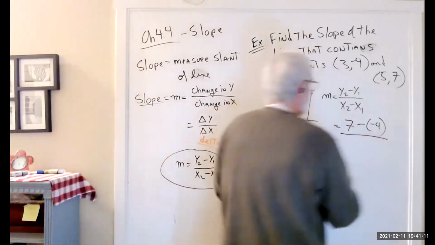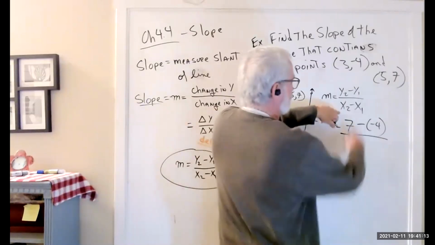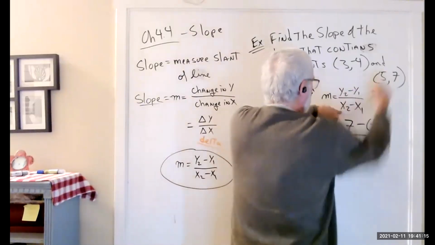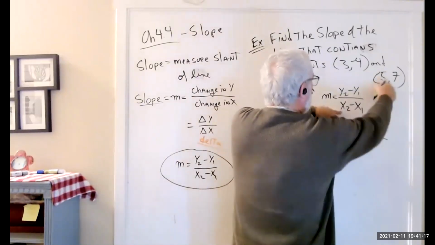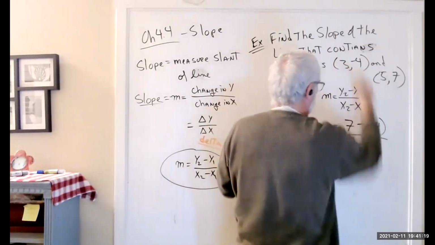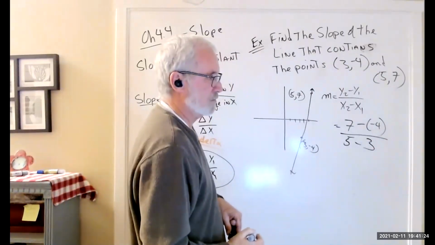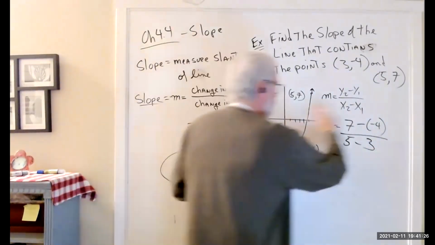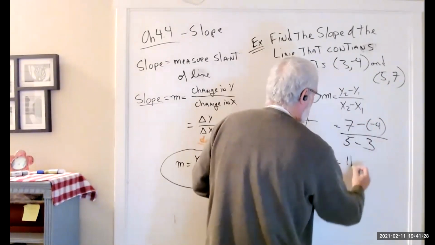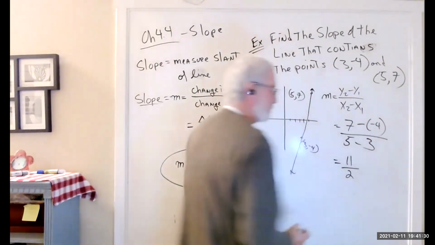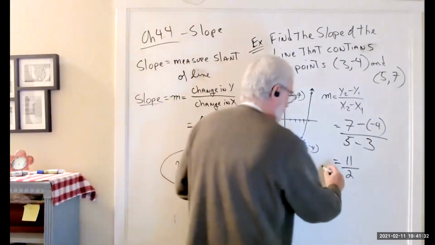Over, this says x sub 2, the second x value, 5, minus the first x value, 3. Okay? Do your arithmetic. This is 11 over 2. That's the slope.